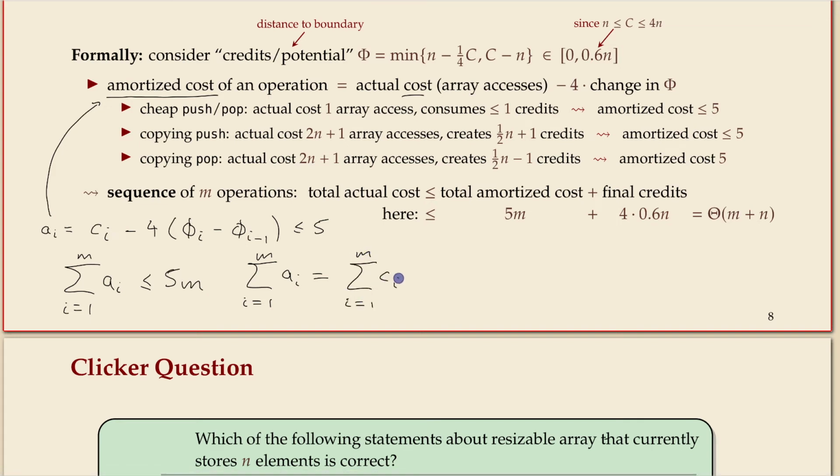So I get the sum of all the actual costs. That's what we're really interested in. We only care about actual cost, not amortized cost. The amortized cost is only a means for the analysis. And then we have this correction term. So we have a sum over all these potential differences.